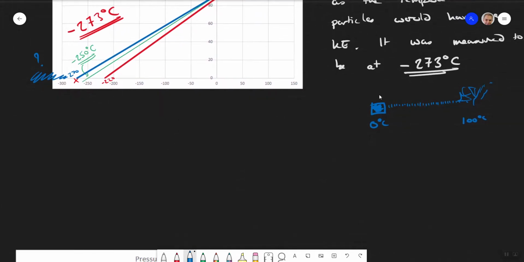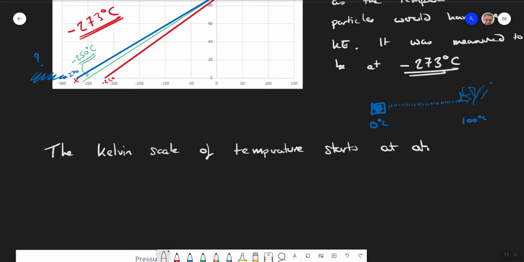So what became introduced was a thing called the Kelvin scale of temperature. It starts at absolute 0.